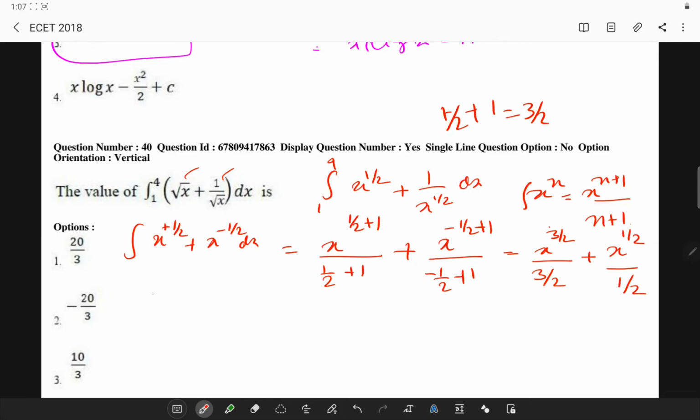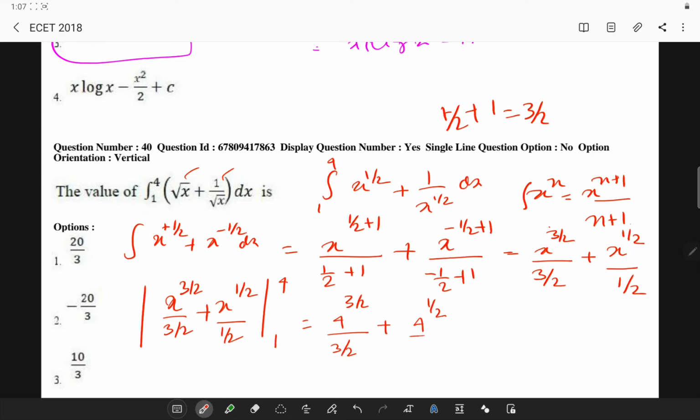Now if I substitute the limits, x power 3 by 2 by 3 by 2 plus x power 1 by 2 divided by 1 by 2 at 4 and 1, I'll be left with 4 power 3 by 2 by 3 by 2 plus 4 power 1 by 2 by 1 by 2, minus 1 power 3 by 2 by 3 by 2 plus 1 power 1 by 2 divided by 1 by 2.